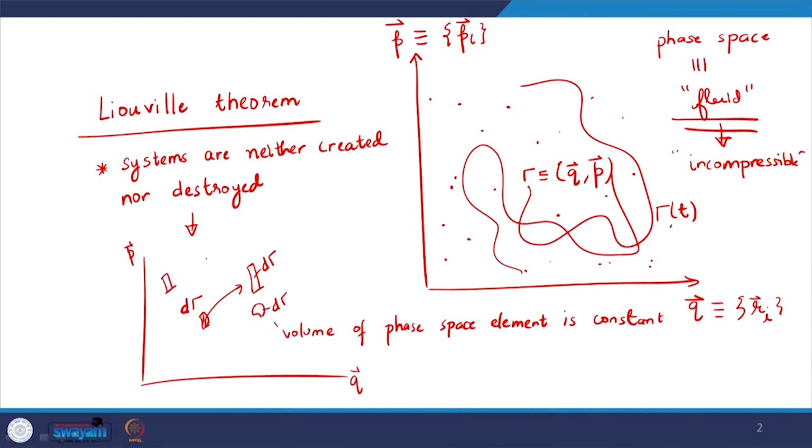Since the systems are neither created nor destroyed, we can imagine the phase space as a collection of many of these systems, each of which is evolving in its own way, but their volumes remain constant. So, they fill the phase space and there is no way they can expand or shrink in terms of the volume. Their shape may change, but the volume of the element will remain constant.